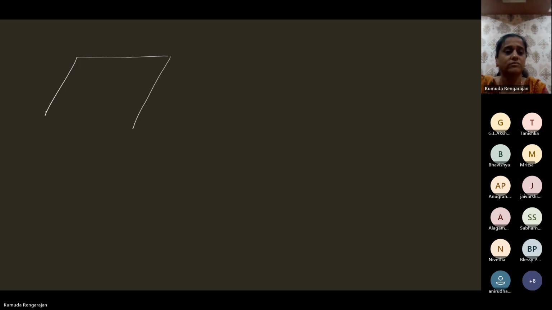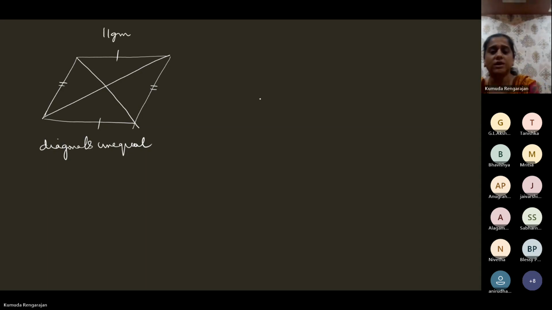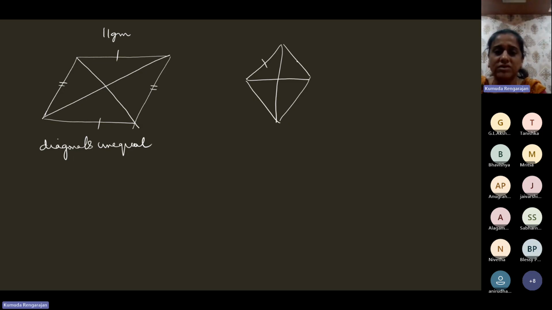In a parallelogram, opposite sides are equal, diagonals unequal. In a rhombus, all the sides are equal, but diagonals are unequal.